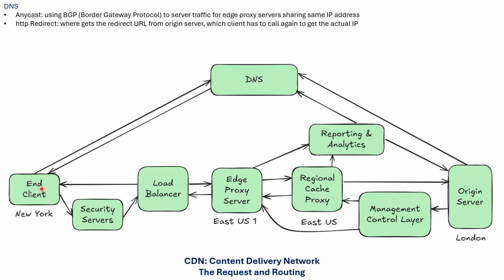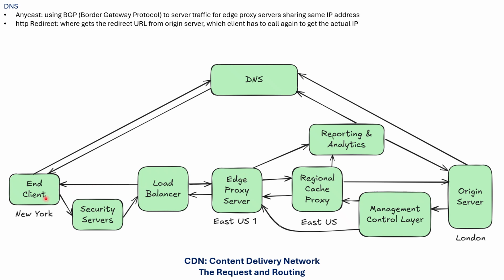Our CDN uses a special routing method called Anycast. Anycast is a networking technique where multiple servers, even in different parts of the world, can share the very same IP address.